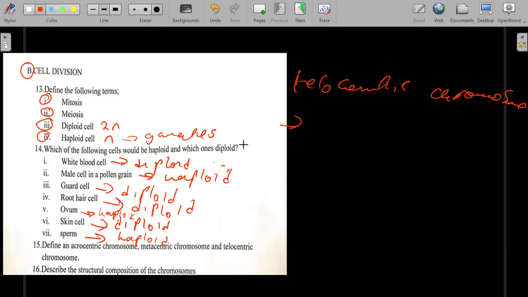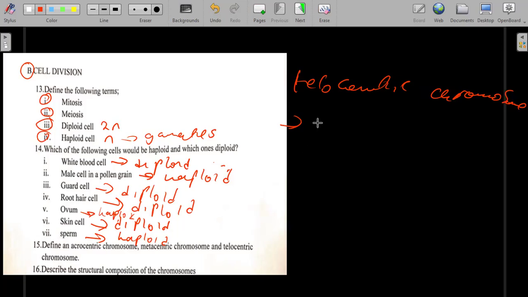So you have the centromere located towards the very end of your chromosome, so that it will appear to have only one arm.